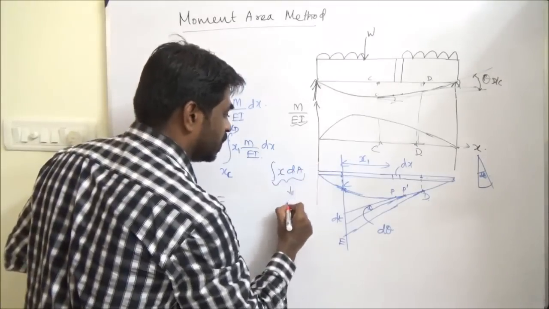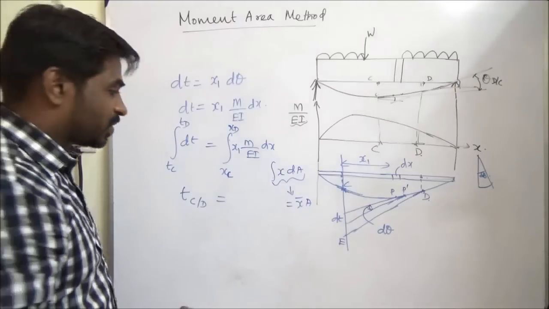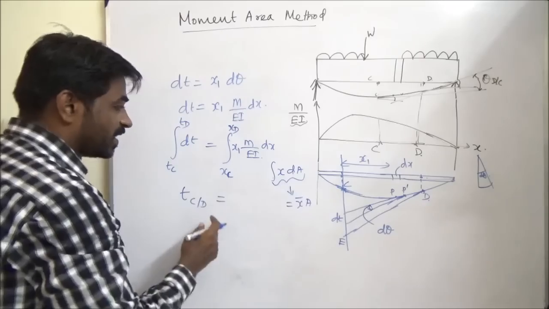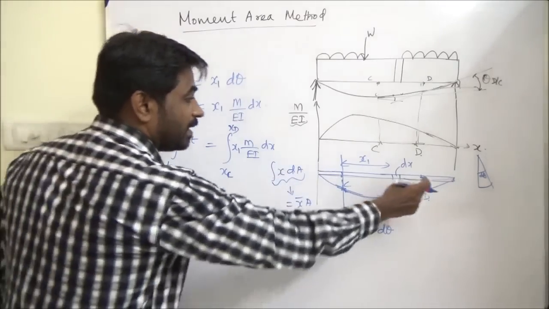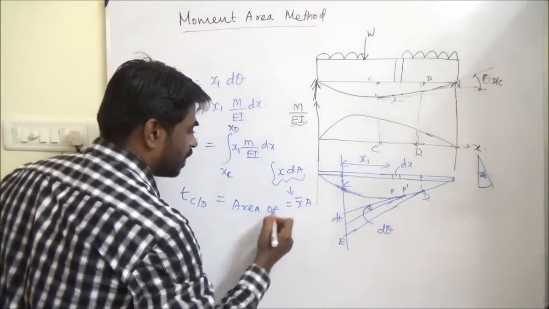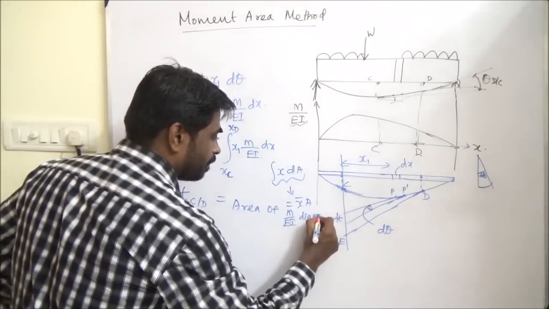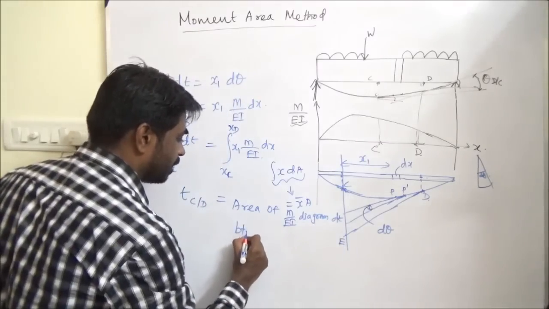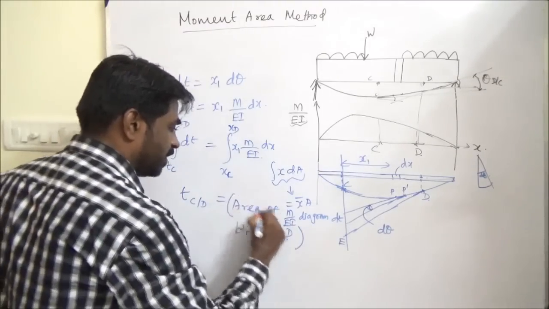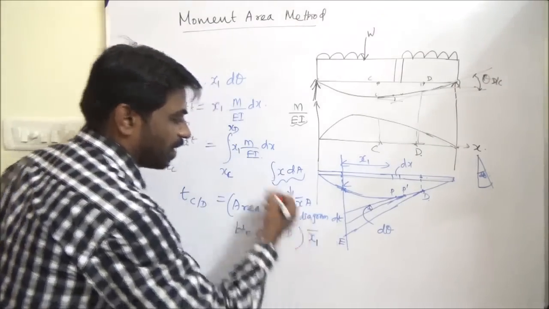This is equal to x bar A. Okay, so what is this tangential deviation between C and D? It is nothing but area of M by EI diagram between C and D into X bar, maybe precisely X1 bar.